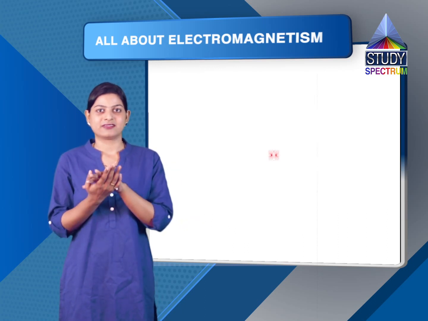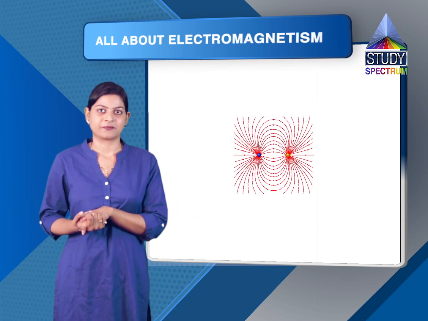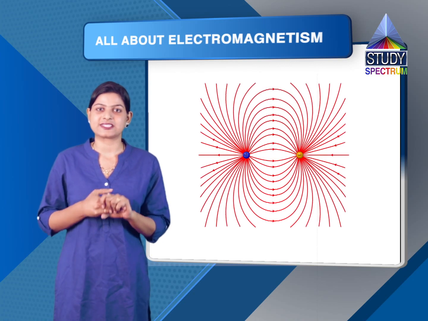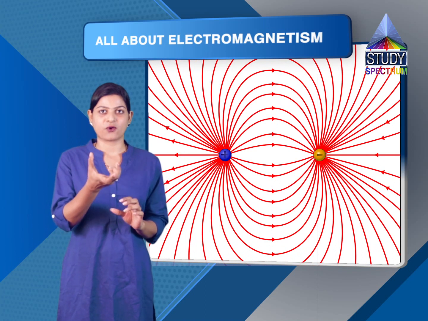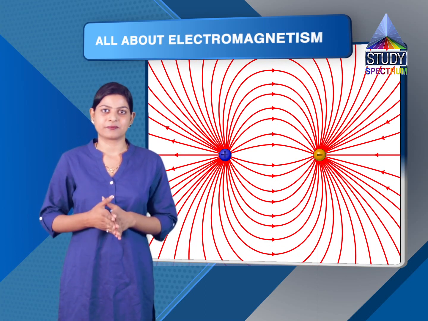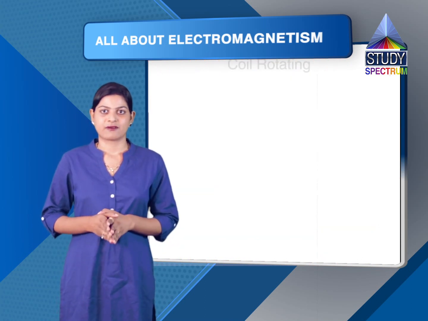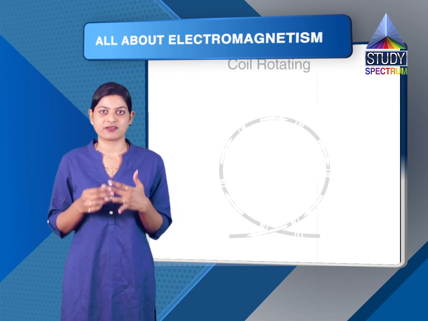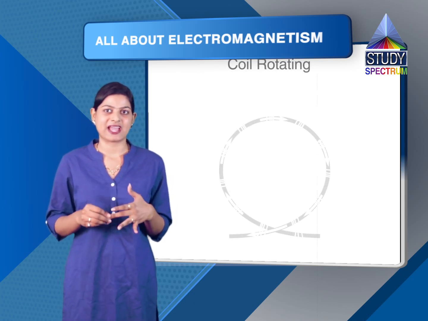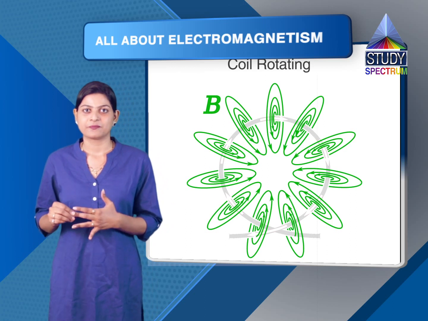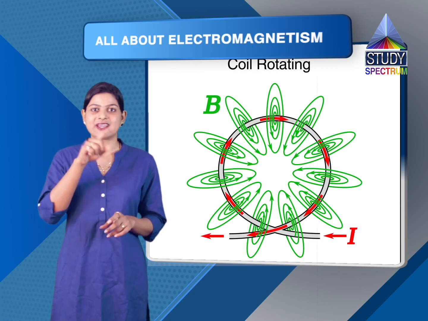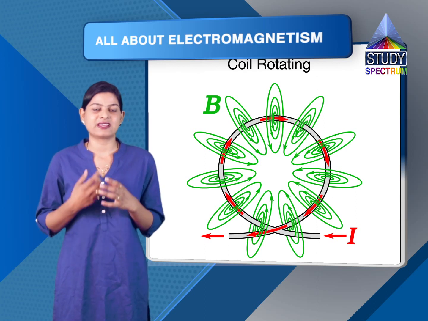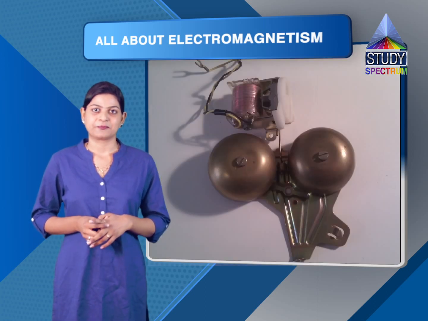And again, there is a break where the electric current is still passing through it, but the coil has rotated one half. Because of the continuous electric supply and continuous magnetic field, it again rotates, and in this way an electric motor is rotated continuously with the help of a magnet.